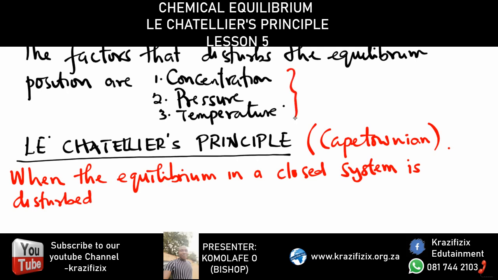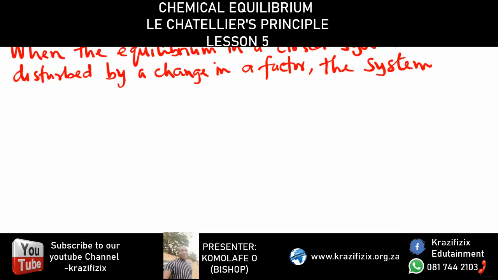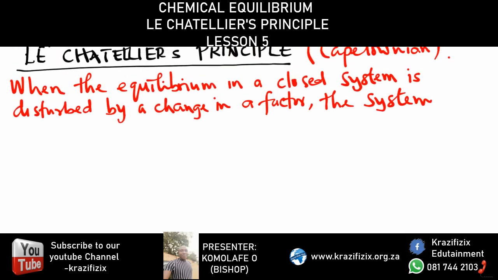It's disturbed by a change in a factor. What happens? The system by itself, and I'll try to use a very vivid everyday picture to explain it to you, will reinstate a new equilibrium.